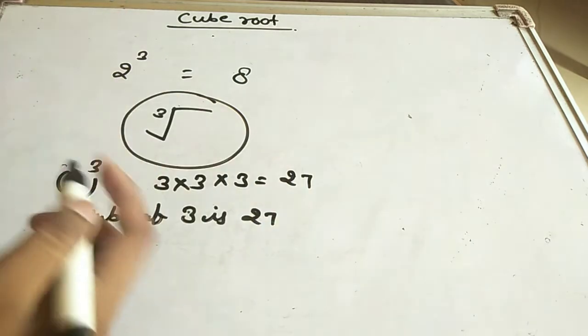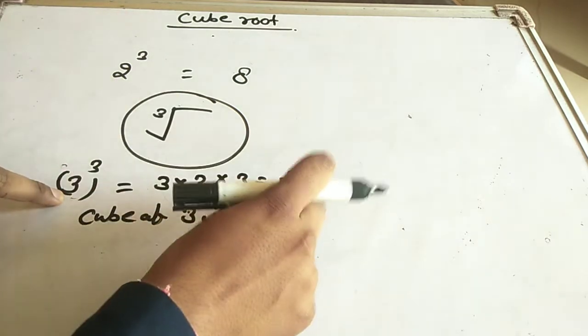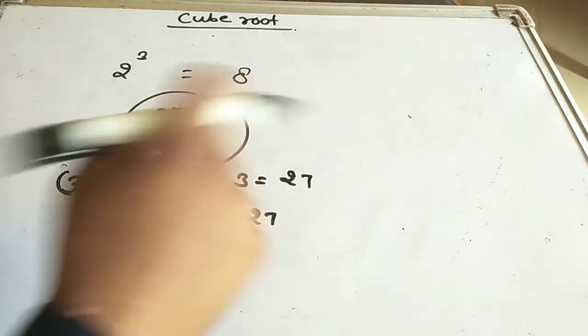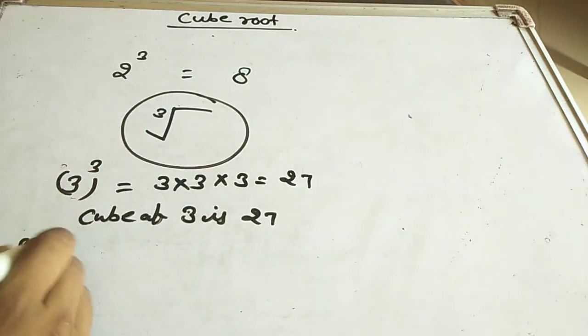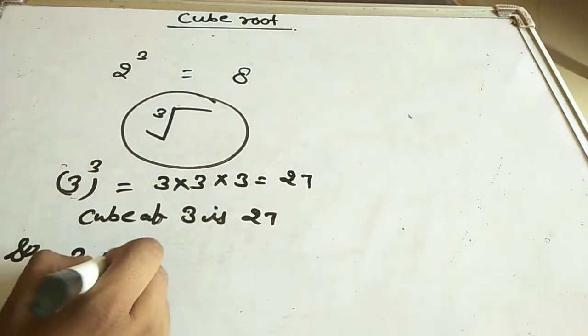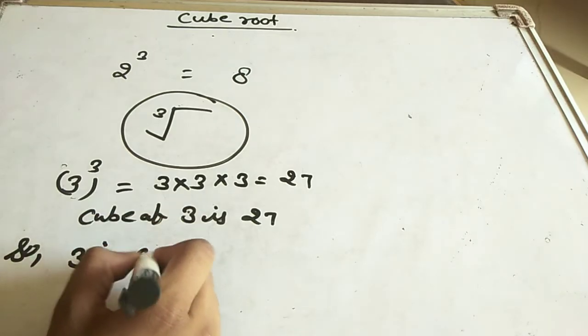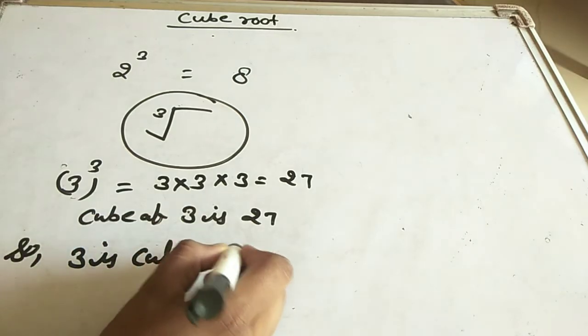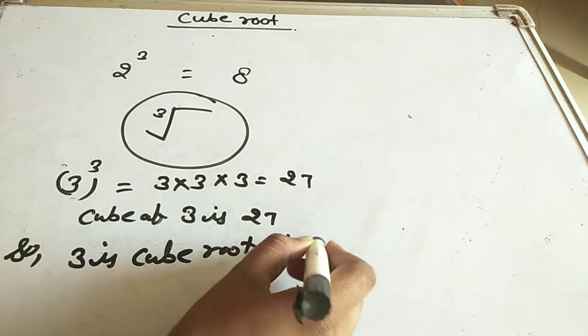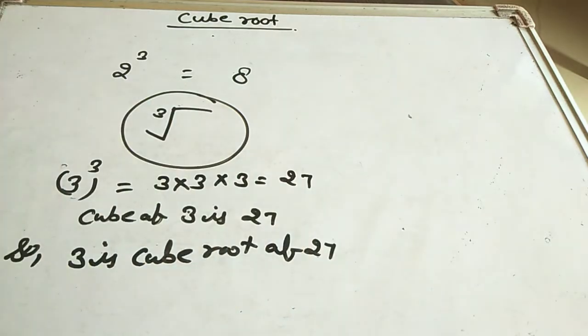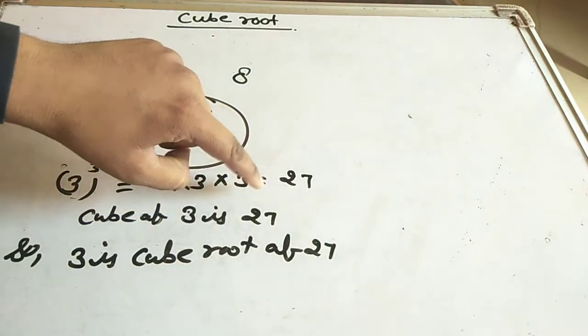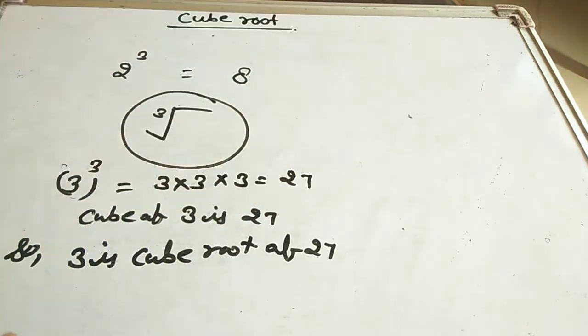So 3 is cube root of 27. Cube of 3 is 27 and 3 is cube root of 27.